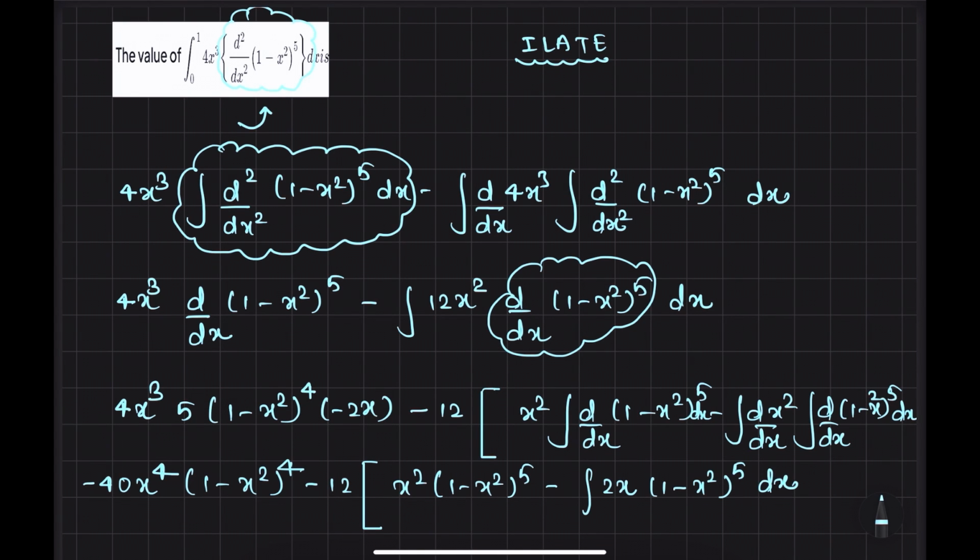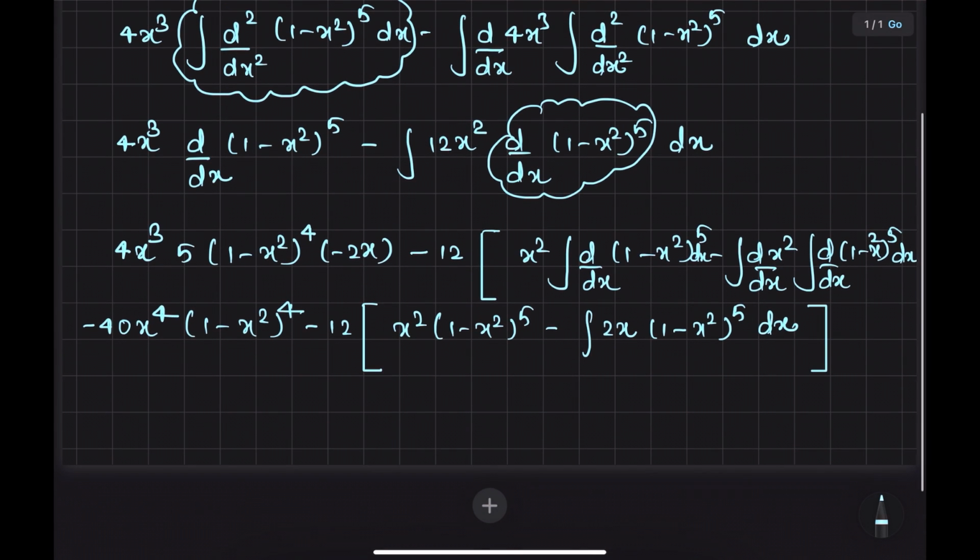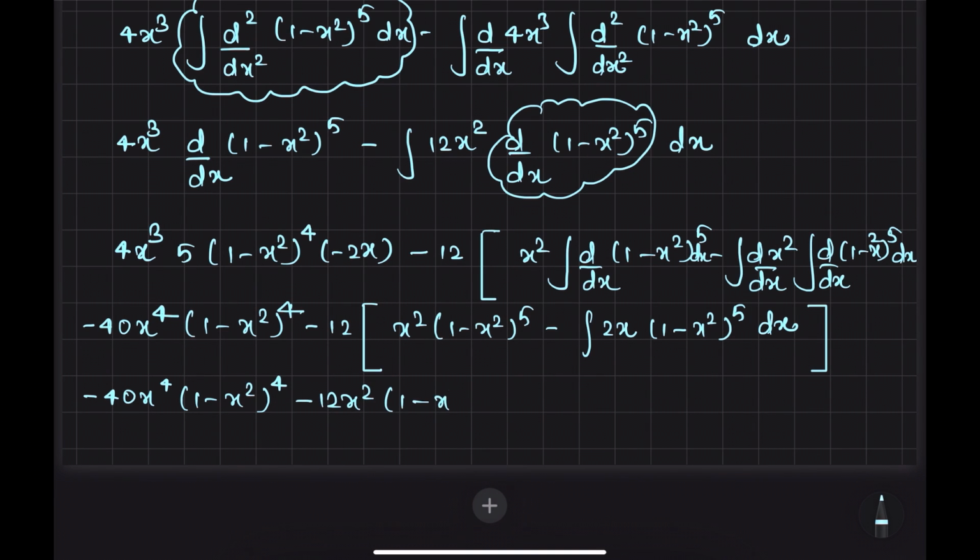Okay, now things are a little bit okay. Now let's open the bracket so that we can do the simplification part. So minus of 40 x power 4, and then we will be having 1 minus x square power 4, minus of 12 x square 1 minus x square power 5, plus 12 into 2, 24 into x times 1 minus x square power 5 dx.